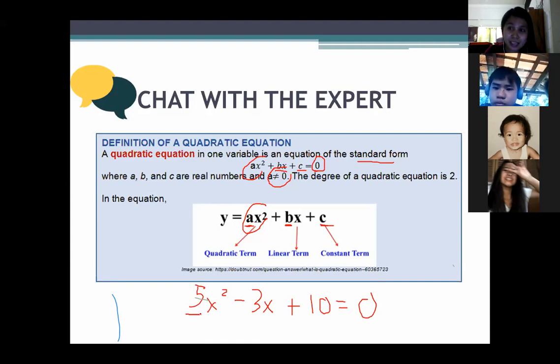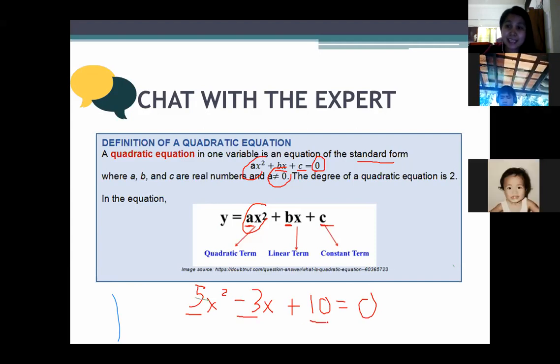The value of a is 5. The value of b is -3. And the value of c is 10. I'll write another one. x squared minus 5x equals 10.